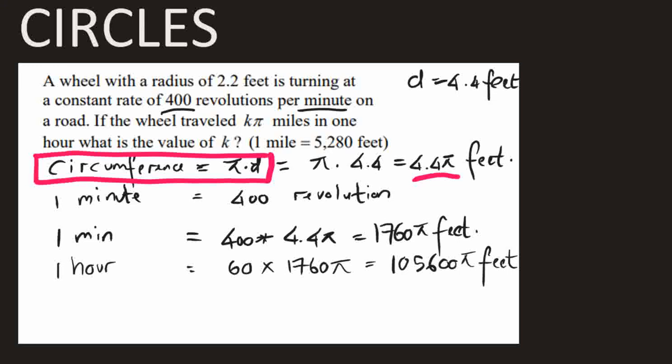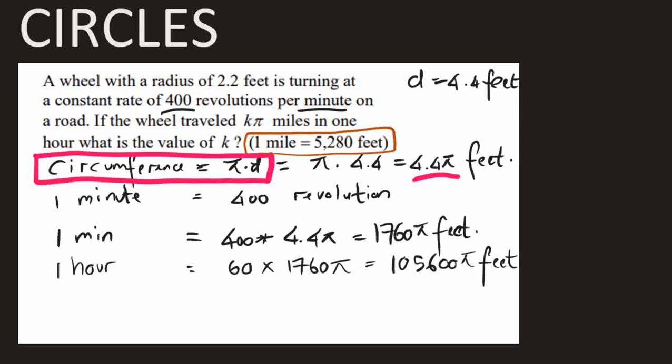105,600 pi feet. Now the question is, if the wheel travels k pi miles in 1 hour, what is the value of k? Now we have to convert. It is given 1 mile is 5,280 feet.